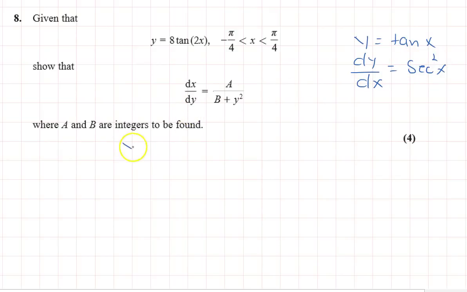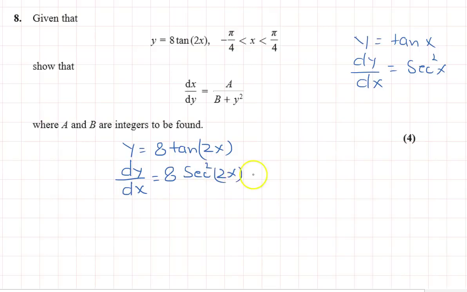So y is equal to 8 tan 2x, so dy over dx is 8 sec square 2x multiplied by 2. So it will be 16 sec square 2x.